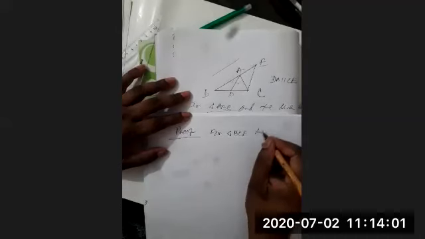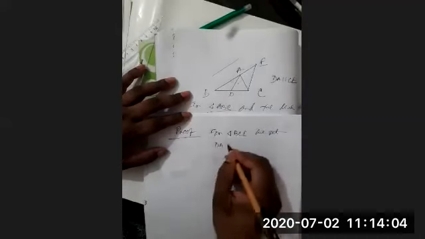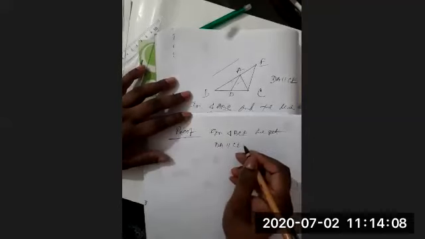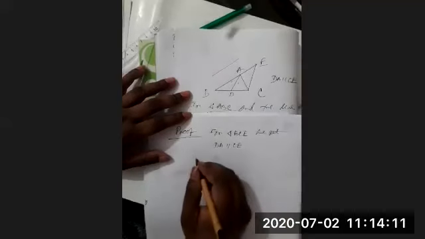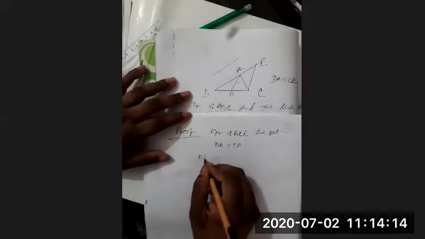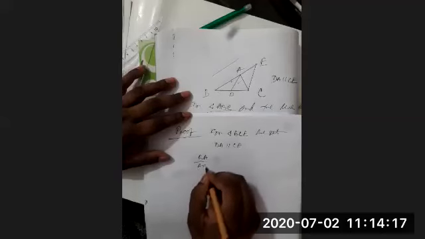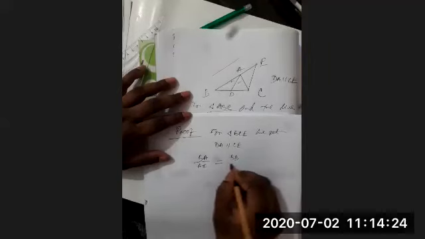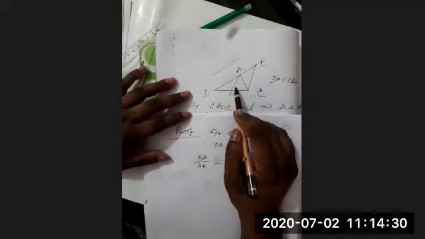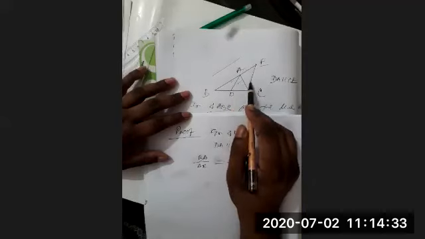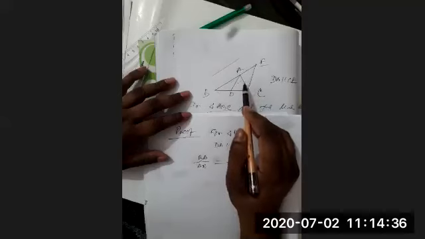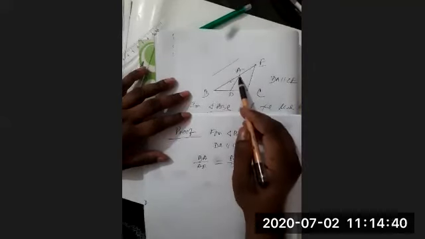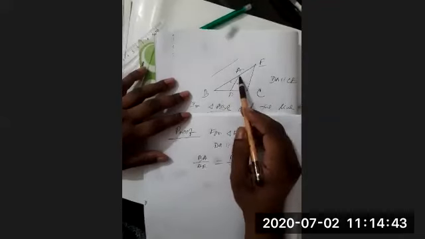For triangle BCE, we get DA parallel to CE by construction, and also we know that BA by AE equals BD by DC by the theorem: if a line segment is parallel to one side of a triangle, it intersects the other two sides, here AB and BC at the points A and D respectively.